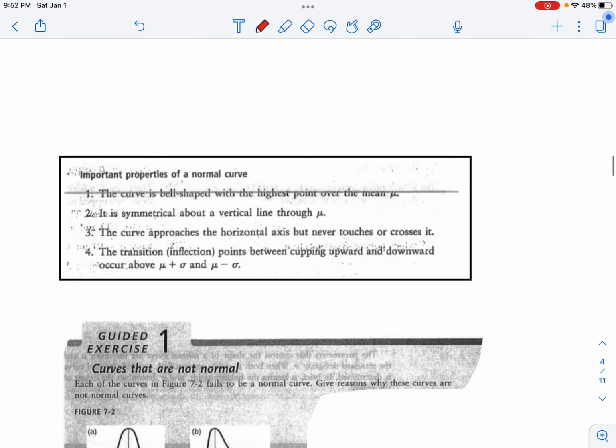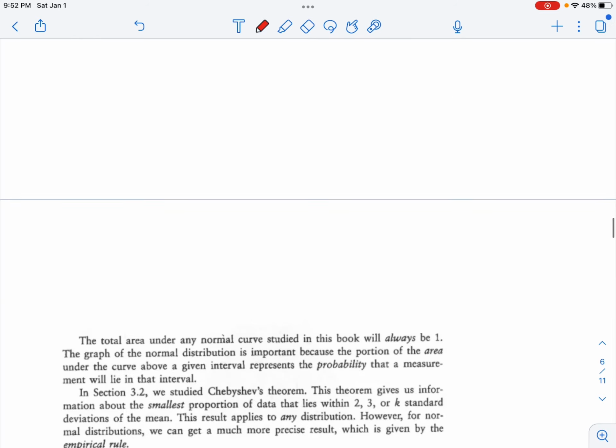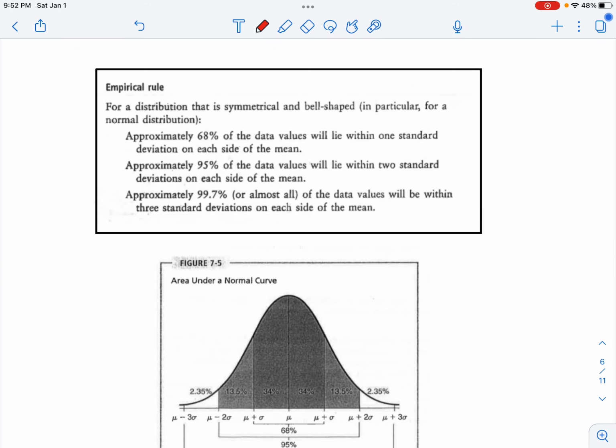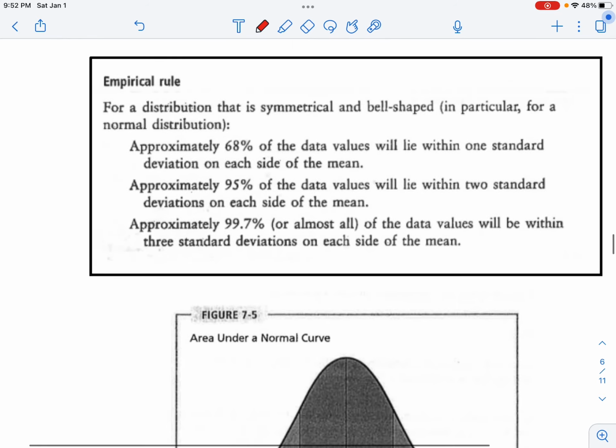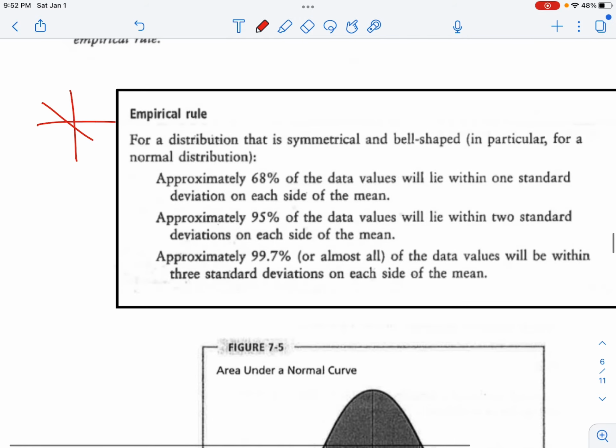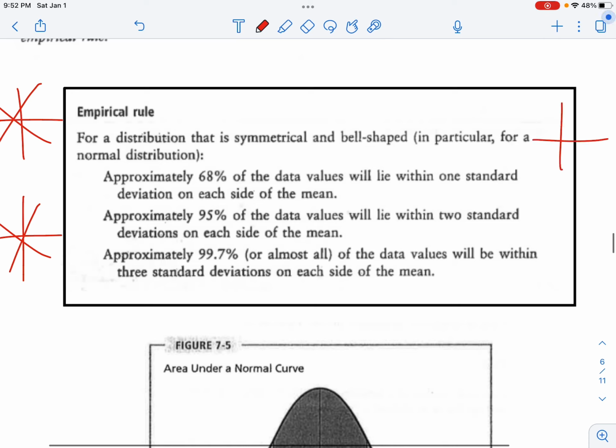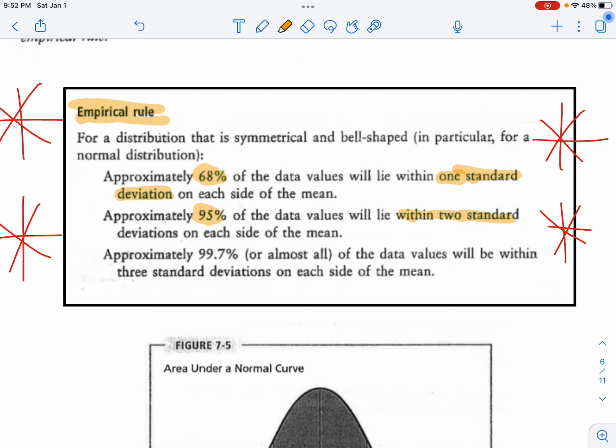As you'll see, maybe it's a couple slides down. Scroll down to this slide right here, number 6. This is the most important slide, and this is the most important concept of this whole lesson. Right here, again, it's called the empirical rule. You have 68% of the data values within 1 standard deviation. You have 95% of the values within 2 standard deviations.